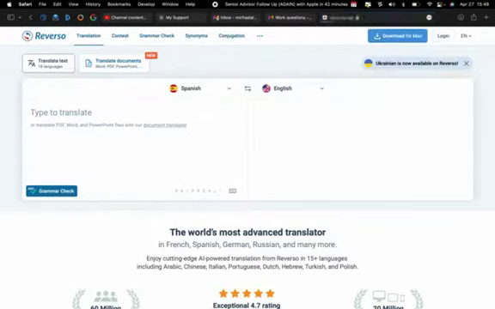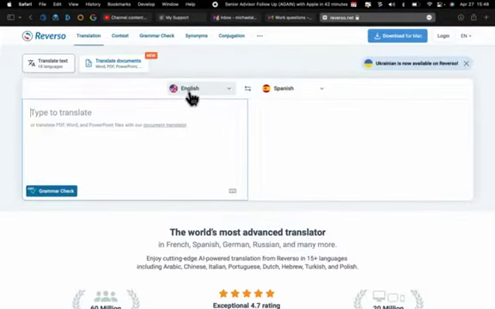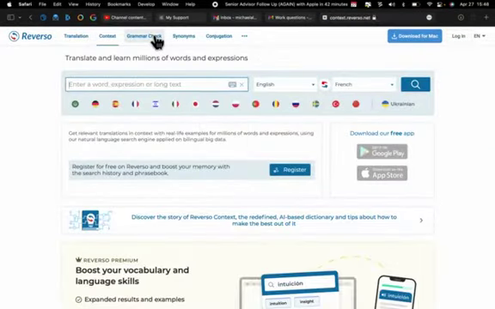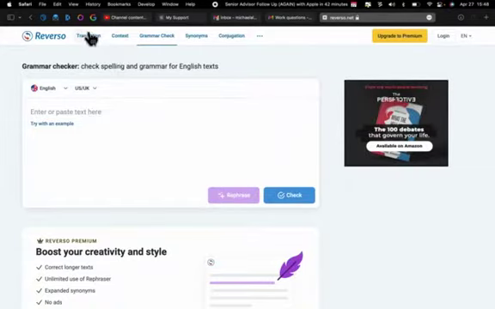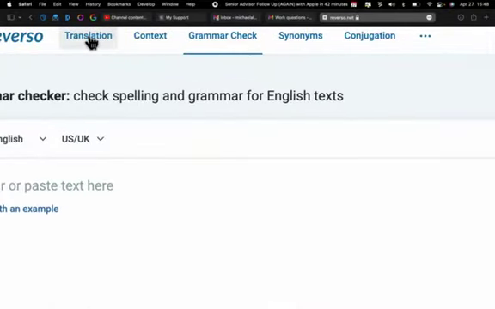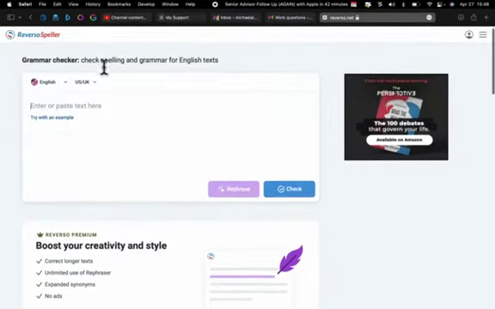It might be set up so that English is on the left-hand side. And if you get something that does not look like this, make sure that you are always under the translation tab, at least if you do want to translate.